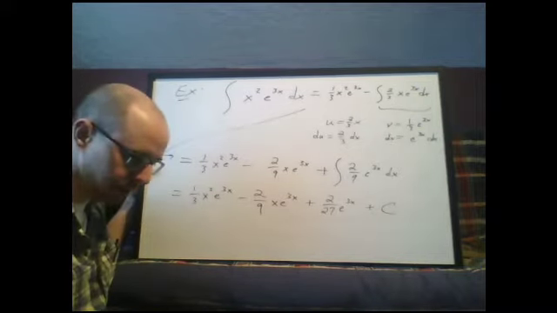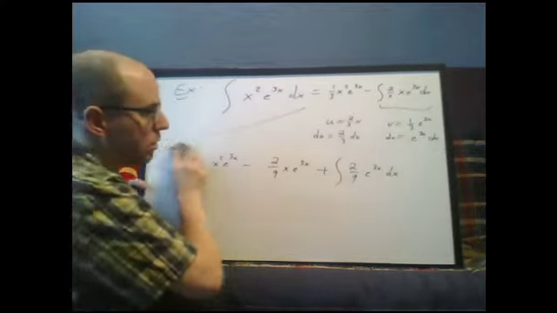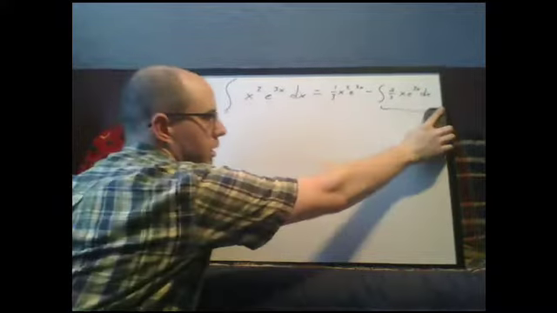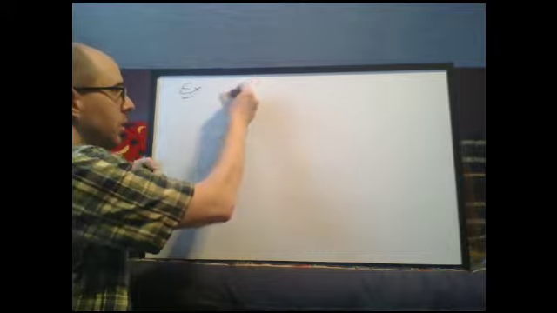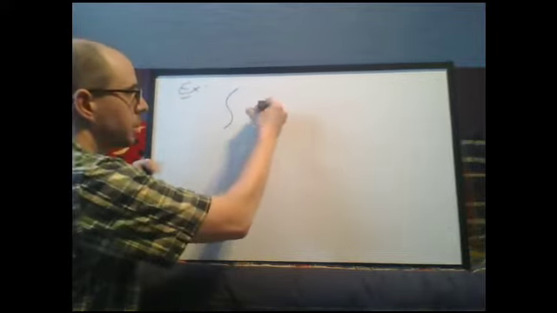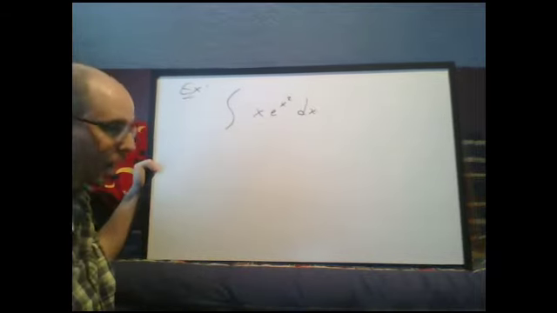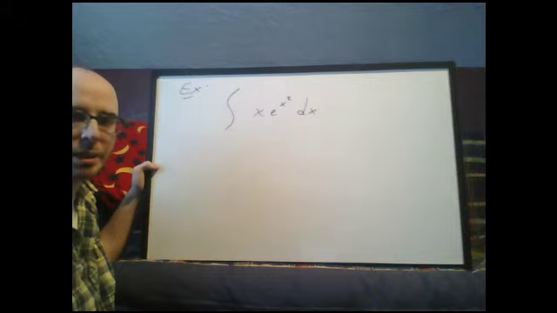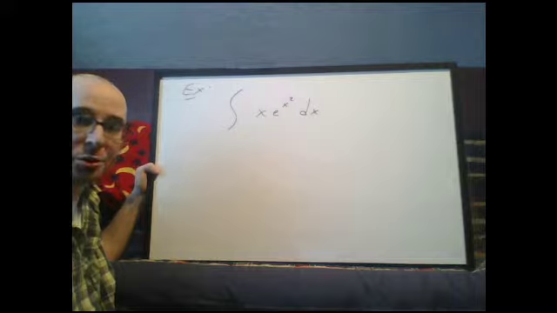All right. I want to make 2 more points. We basically have these 2 techniques now, substitution and integration by parts. If I had a problem like this, integral of x times e to the x squared, let's think about how we'd want to do this.